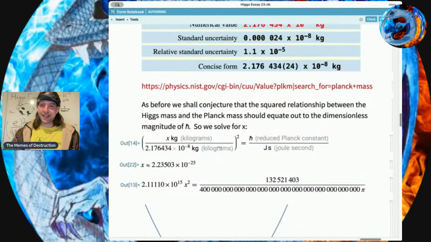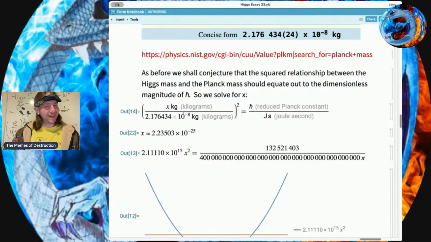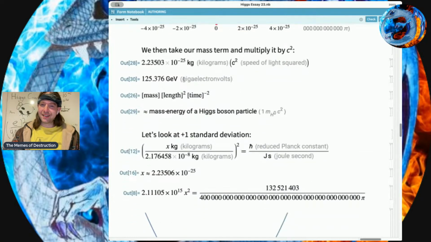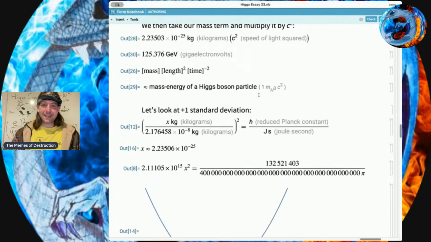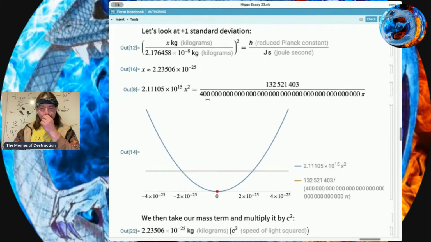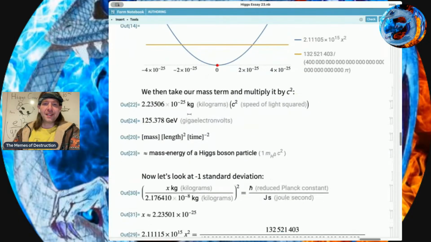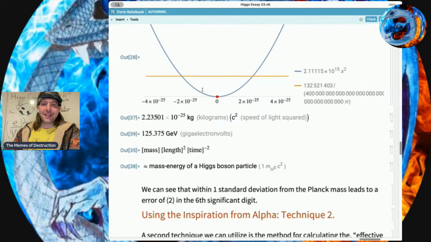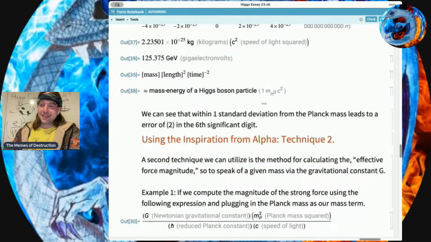Oh, that was the original thing. We threw in more digits. That's a straight Planck mass. This is this value here. Sweet. Let's look at -1 standard deviation. Goes there. Standard deviation.